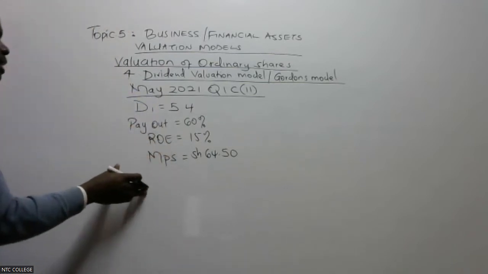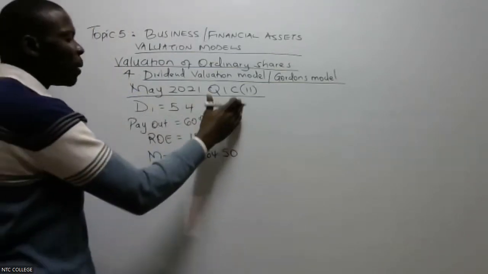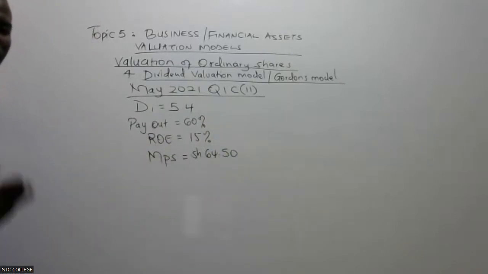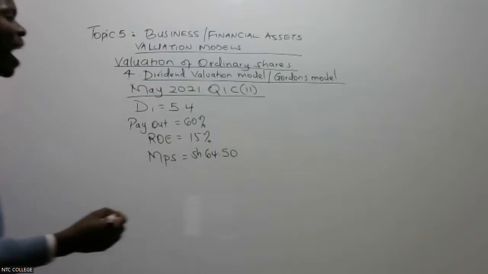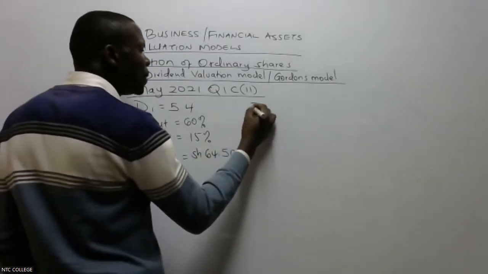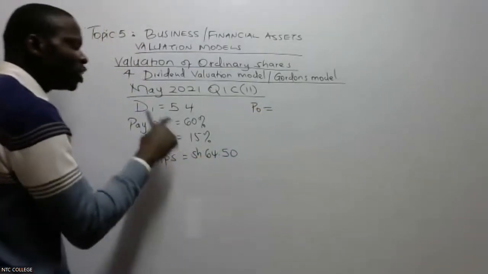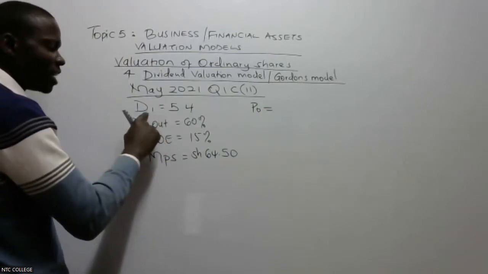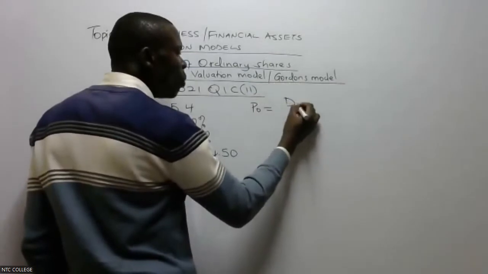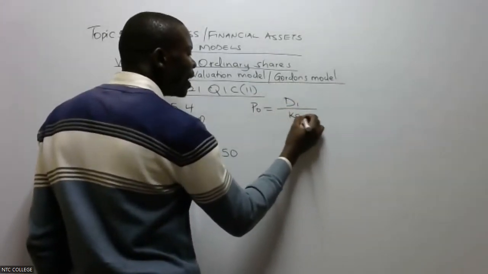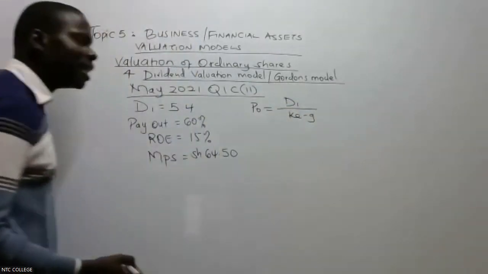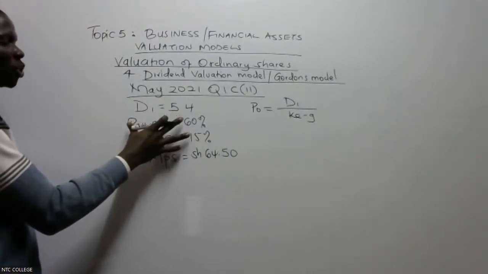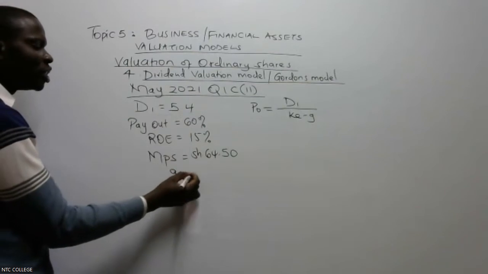This tells us that the type of firm we are operating in is a constant growth firm, and therefore our P0 will be equivalent to D1 over Ke minus g. When you look at the information here, we don't have our g.